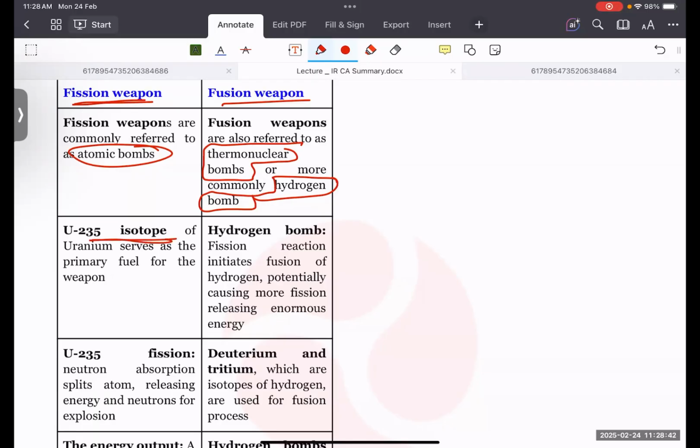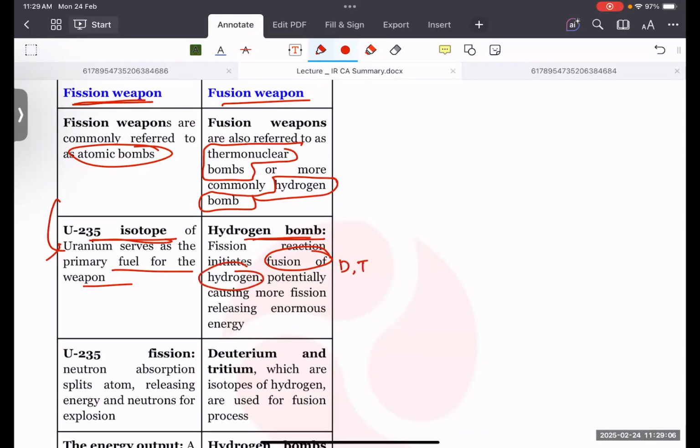The U-235 isotope of uranium will serve as the primary fuel for the fission weapon. The hydrogen bomb initiates the fusion of hydrogen, that is, deuterium and tritium.